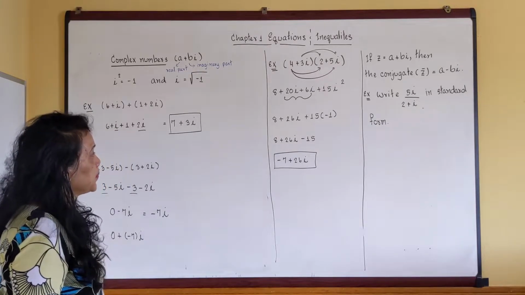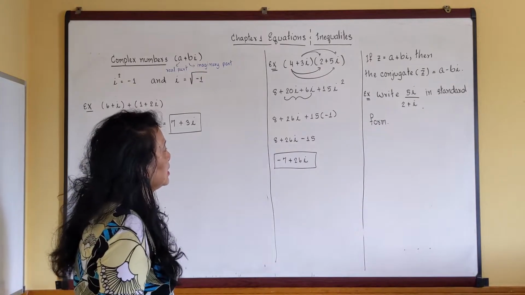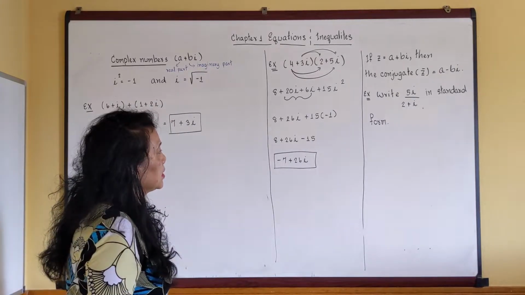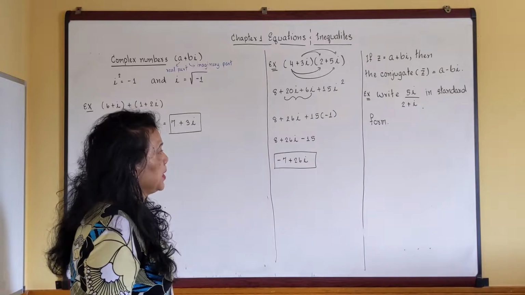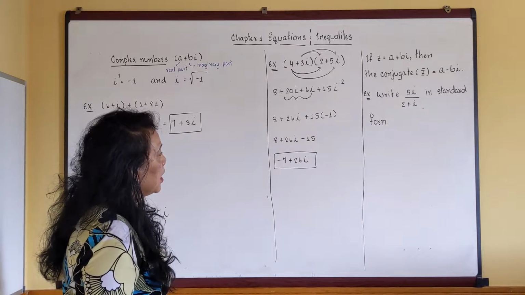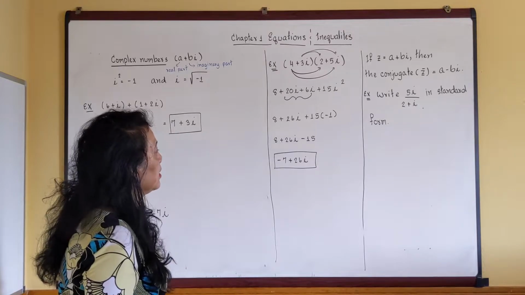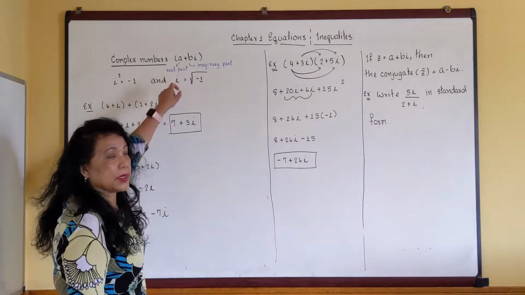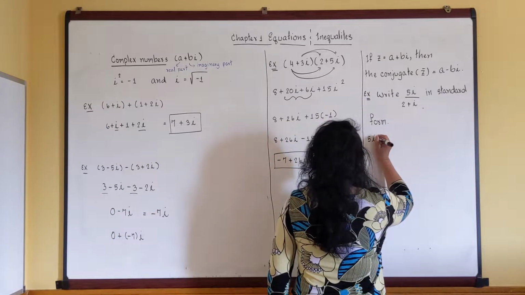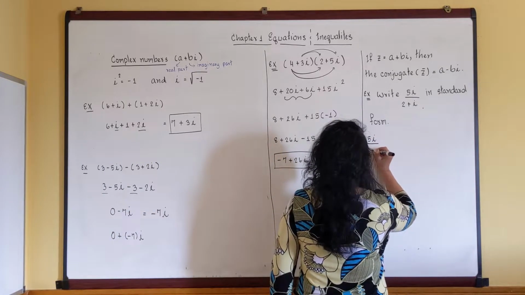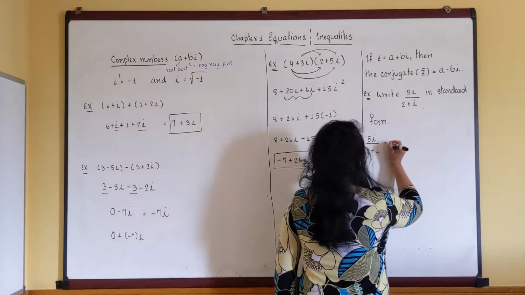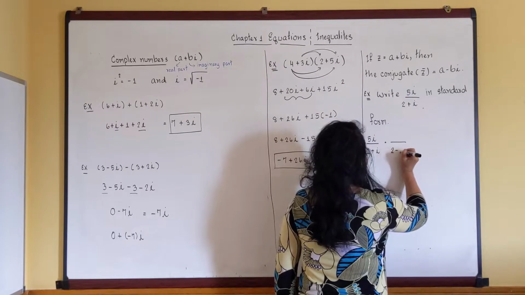The next one, if my c is a plus bi, the standard form, the conjugate of it is going to be a minus bi. If you want to write 5i over 2i in the standard form a plus bi, this is what you're going to do. You're going to multiply by its conjugate, which is 2 minus i.